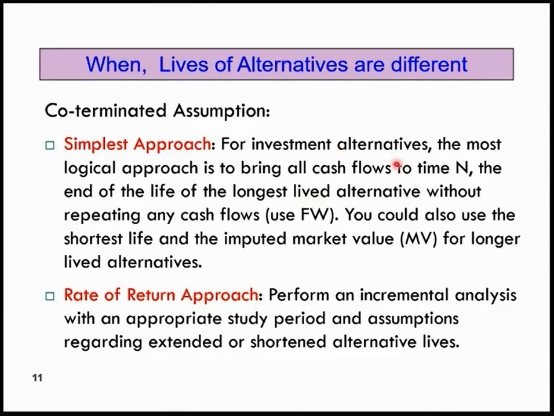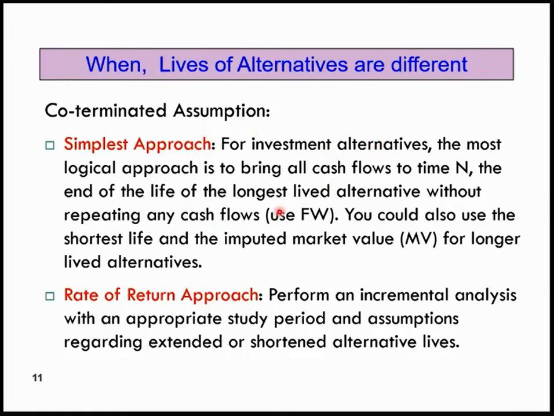But in repeatability assumption, we were repeating the same cash flow, while in coterminated assumption, we don't repeat the cash flow. Like in part C of the previous example, for the first alternative, its useful life was 4 years. But in order to find its future worth at time 8, we assume that from time 4 to time 8, there are no cash flows.